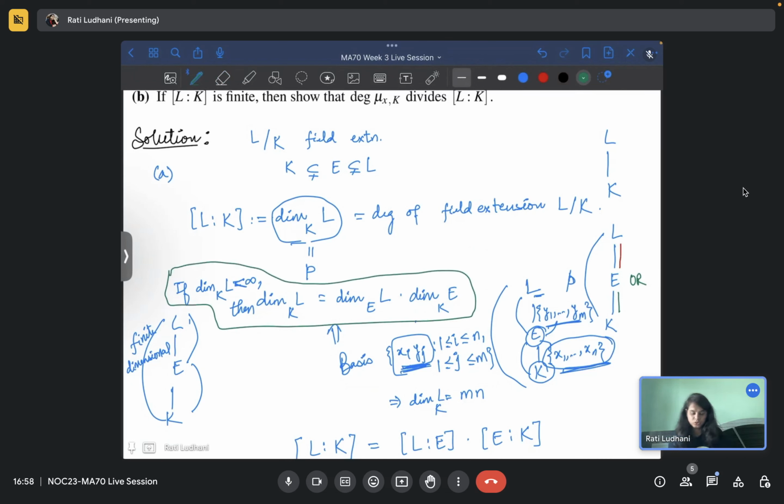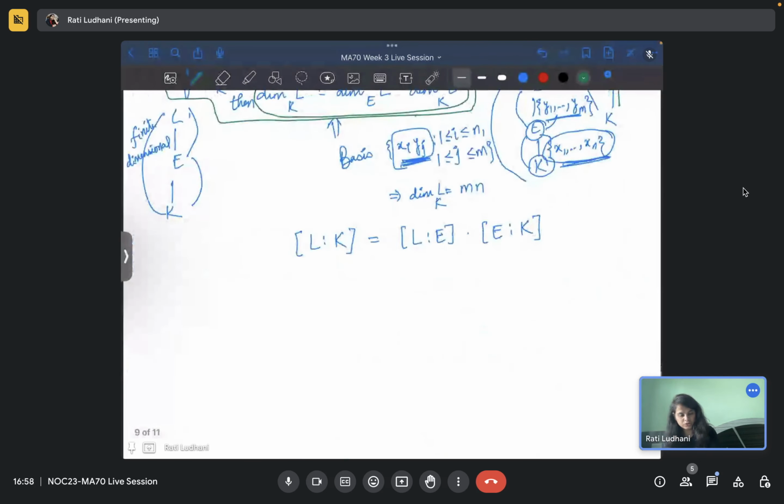So we have already been given that L over K is of dimension p, which is a prime number. So this is finite, at least we know, so we can use this formula. As numbers, p is prime, so it can split only in certain ways.